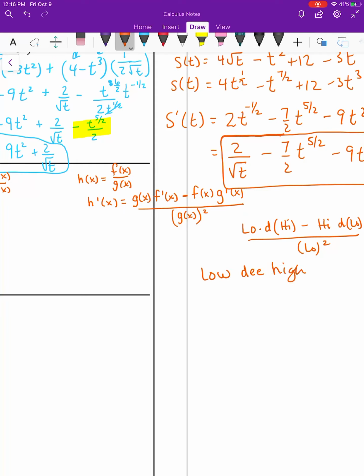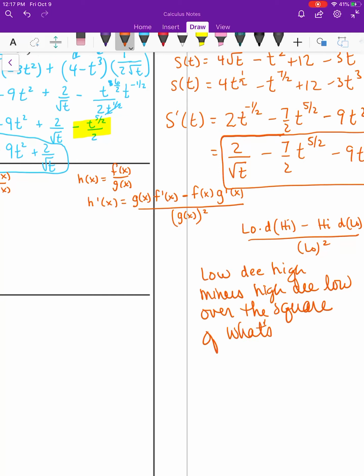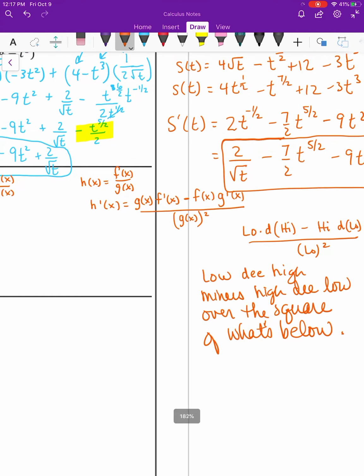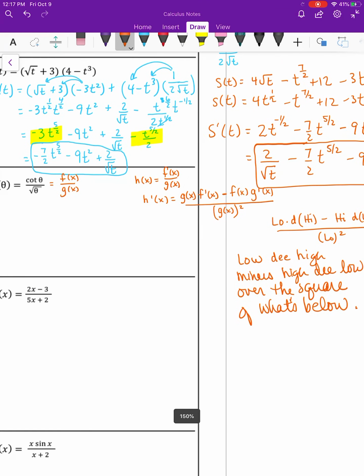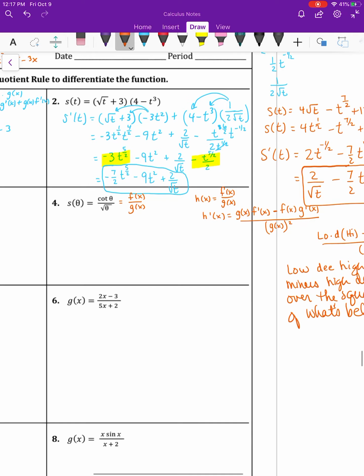Low d high minus high d low over the square of what's below, meaning the square of the low function without the derivative. Notice that you're not taking the derivative at the bottom. Low d high minus high d low over the square of what's below.